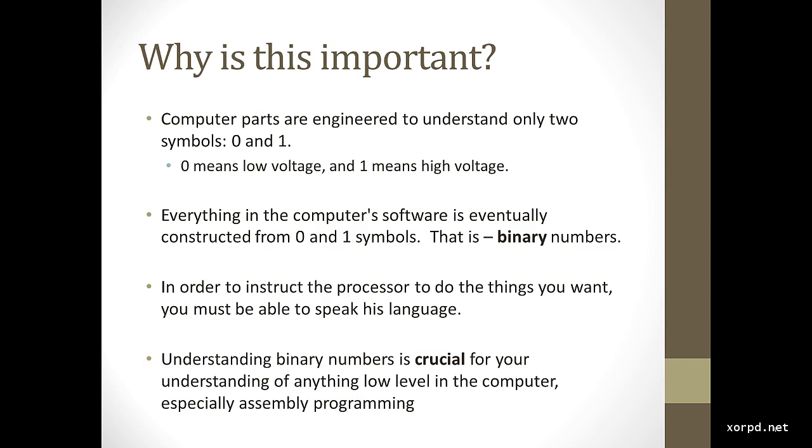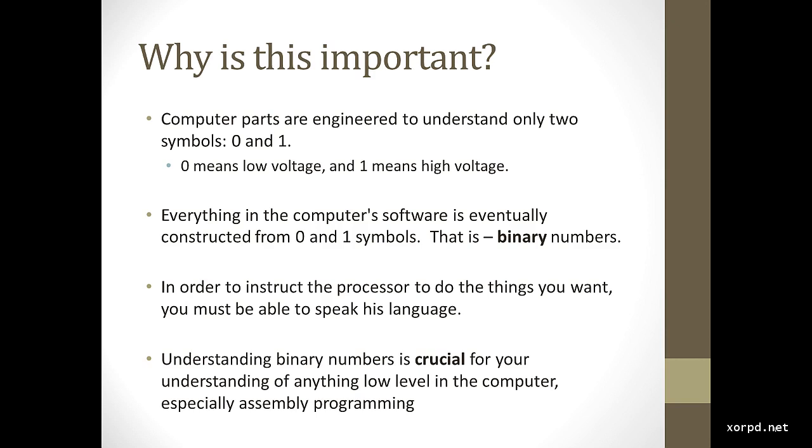Computer parts are engineered to understand only two symbols, 0 and 1. 0 means low voltage and 1 means high voltage. Basically, everything inside the computer software is eventually constructed from only two symbols, 0 and 1. Or, in some other formulation, binary numbers.